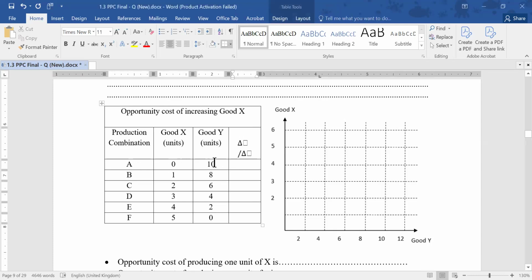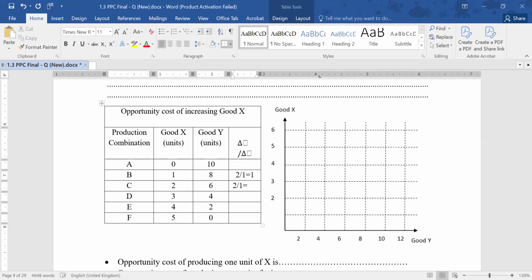At point A, there's no marginal opportunity cost. At point B, you have to calculate the marginal opportunity cost. Here 10 to 8, the foregone amount is 2 divided by increased unit of X, 1, equals 2.